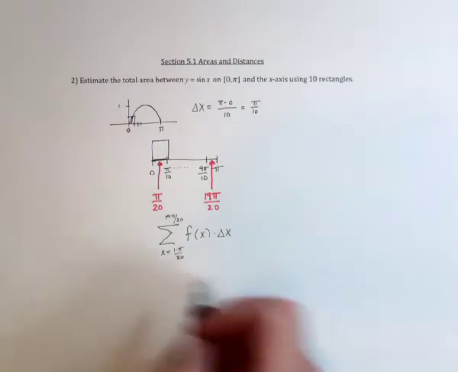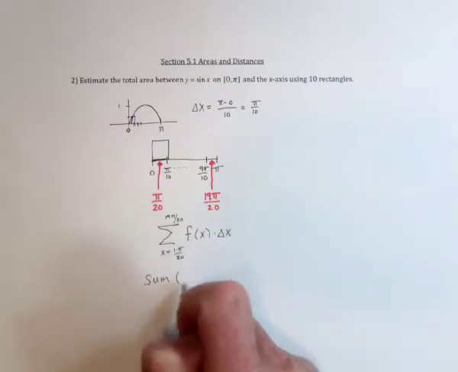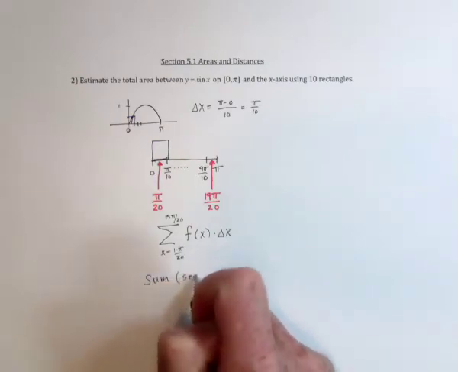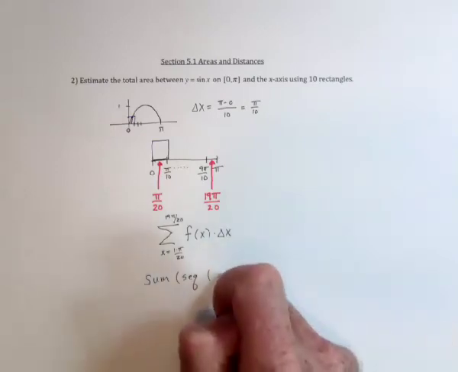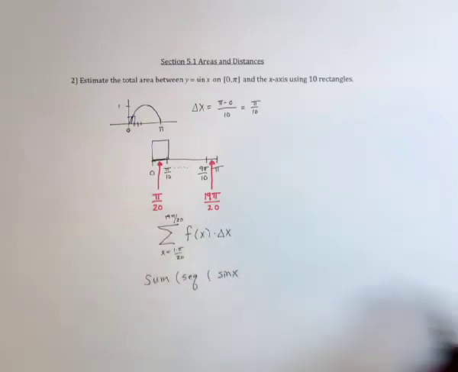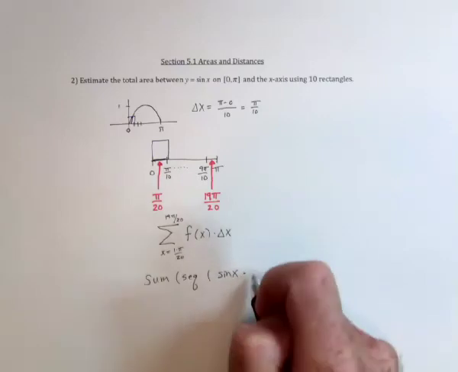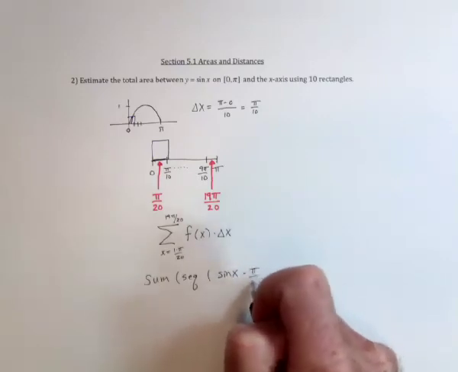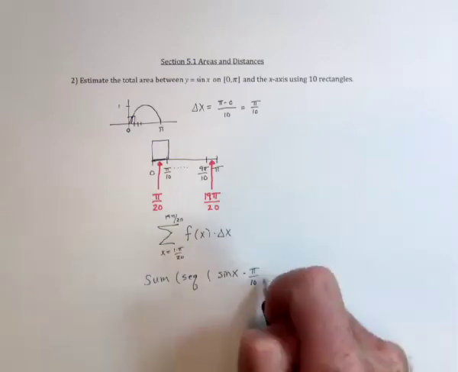Well, we can also have the calculator do it. You tell it sum, the sequence, tell it what the function is, tell it what the delta x is, so that's finding the height times the base of the rectangles.